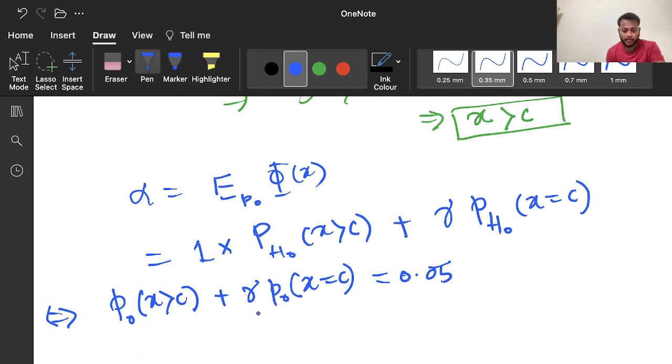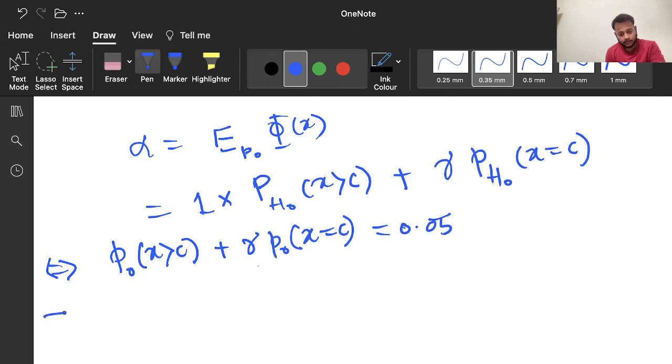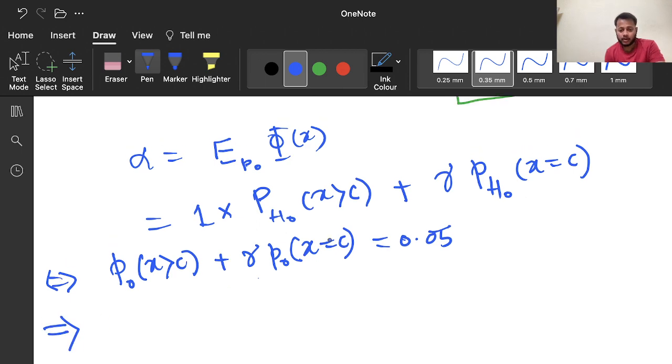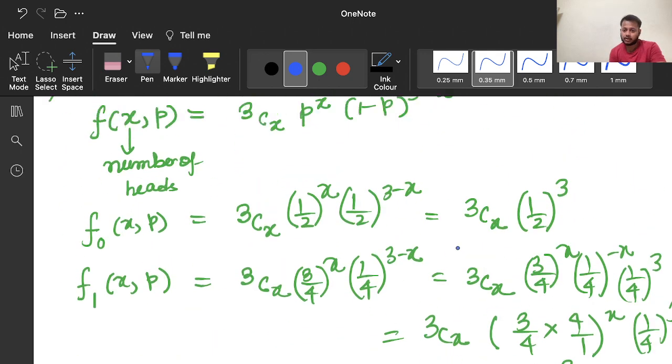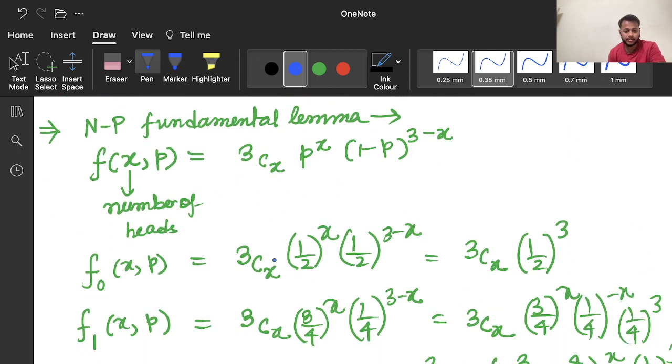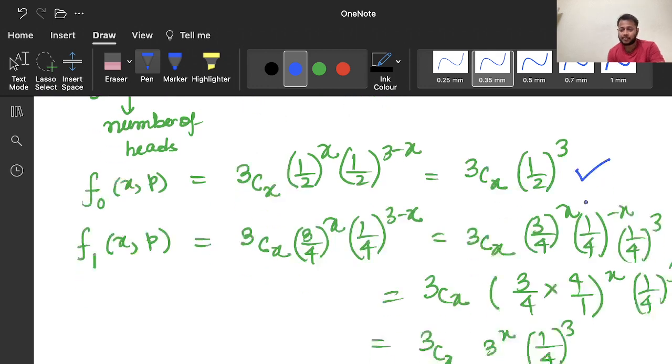Now we know the probability distribution under the null hypothesis. What is the probability distribution? That is 3cx half cube.